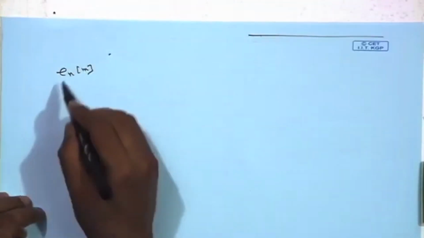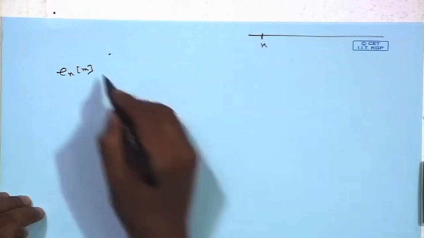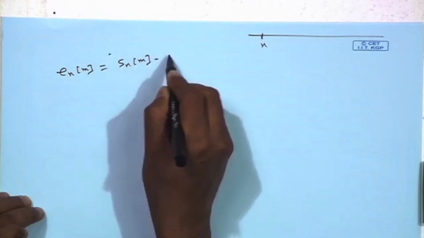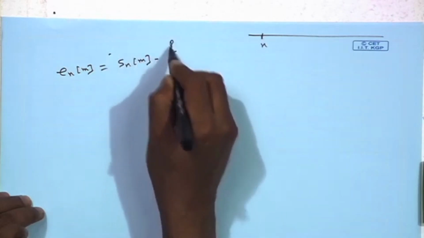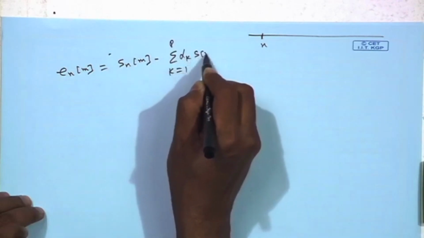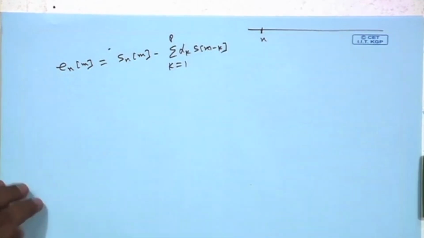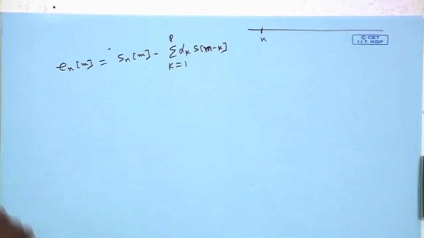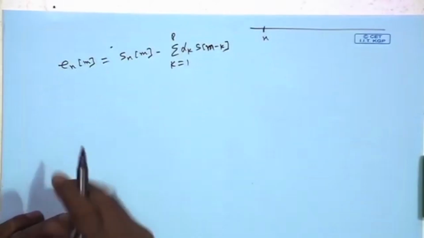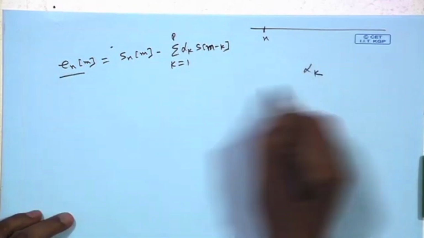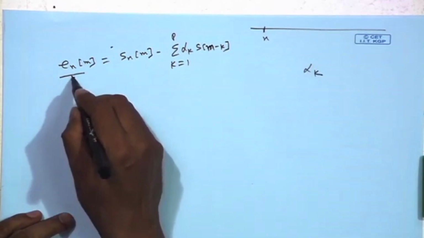I can take the nth position, and E n m is nothing but s n m minus the sum over k equal to 1 to p of alpha k s of m minus k. So, I know the error, and I have to find the set of alpha k for which this error is minimum.